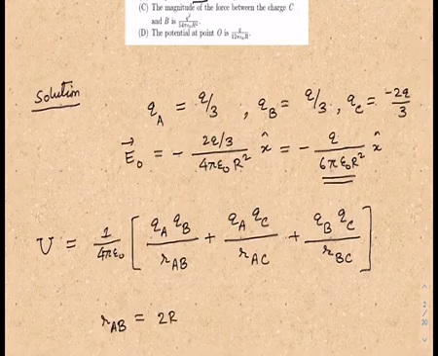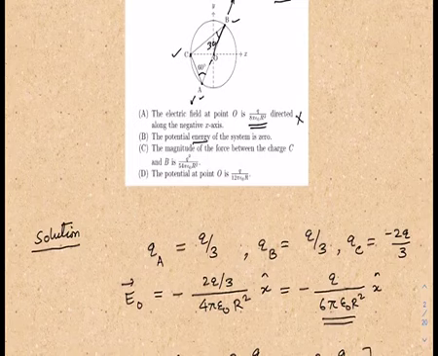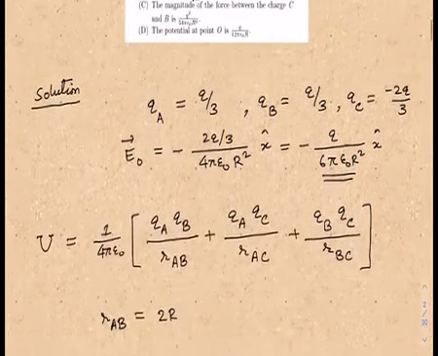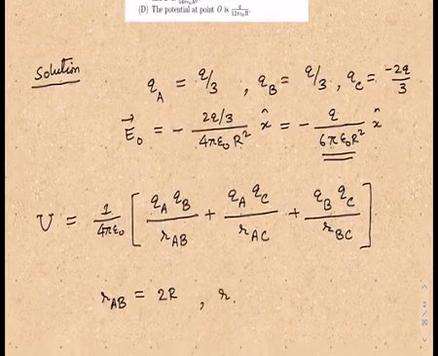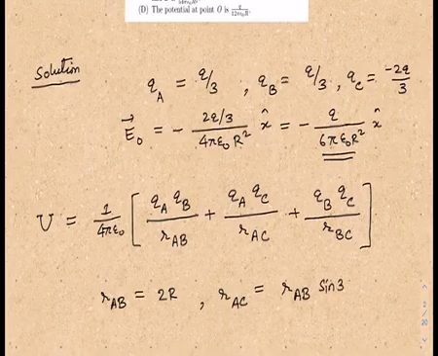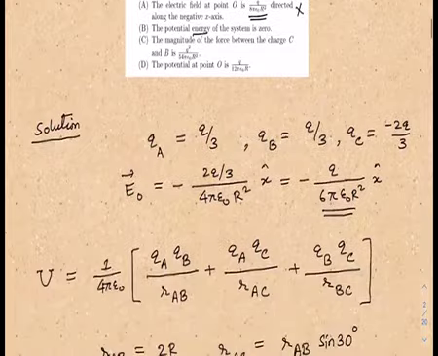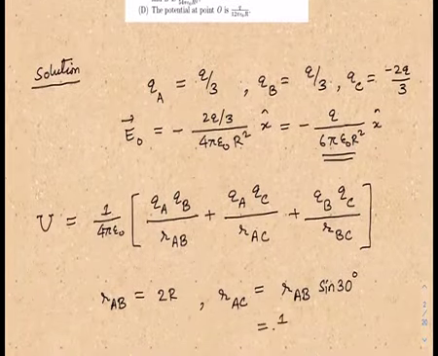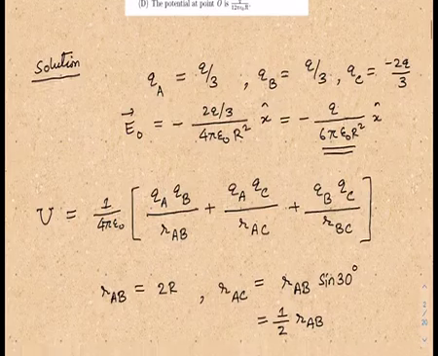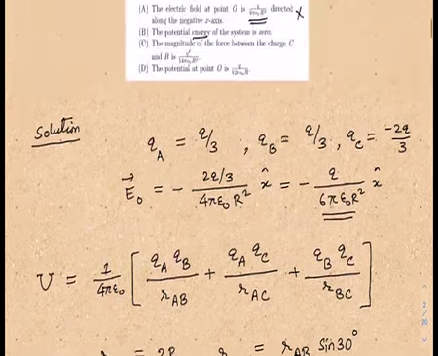RAB is equal to 2r, and for RAC, this angle is given as 60 degrees, or you know that this angle is also going to be 30 degrees, because this one is 90 degrees. So from the diagram I can simply write that RAC is equal to RAB sine 30 degrees, or cos 60 degrees, which is half of RAB. So RAC is simply r.